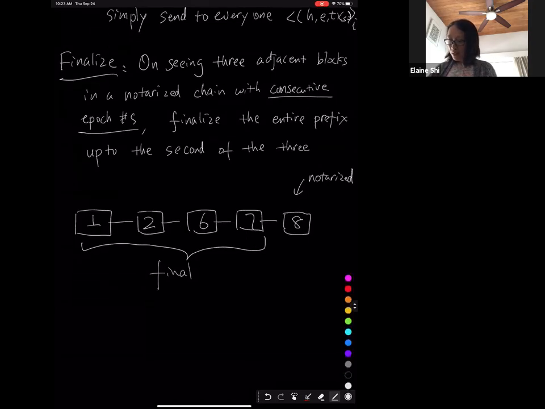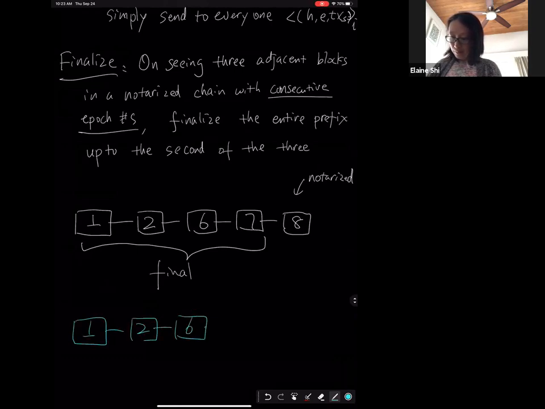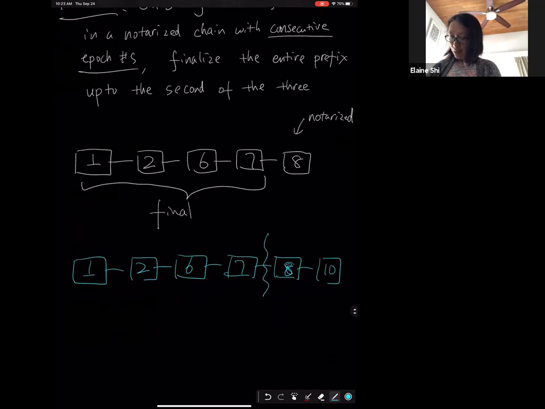So let me mention that another example is if you see this. So let's say this is not at the end. The same applies. In this case, you can finalize up to here too. The triplet doesn't have to be at the end, right?